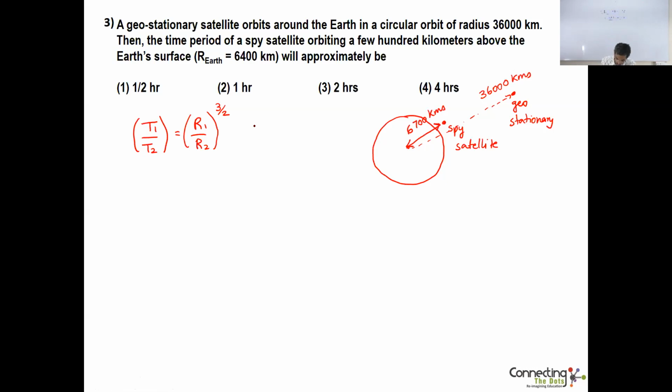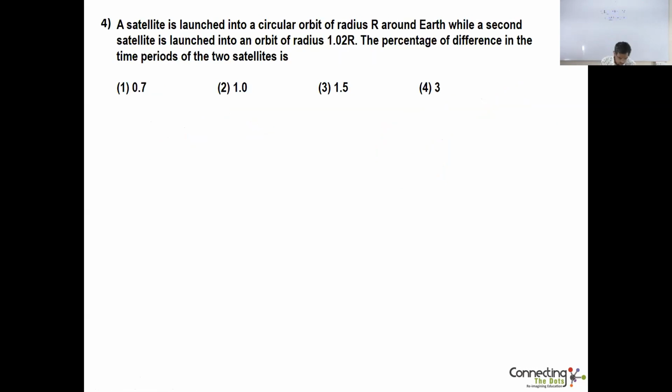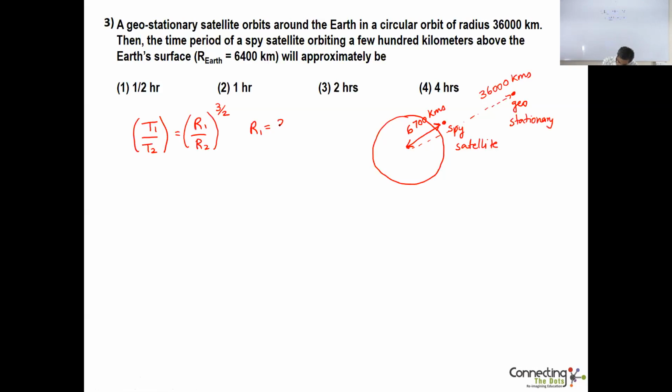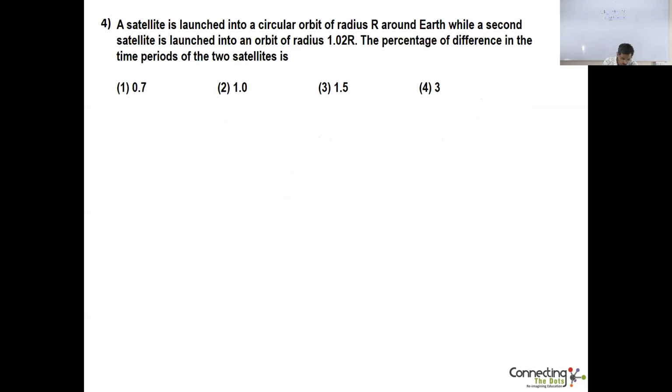Remember, R1 is 36,000 kilometers. This is the geostationary satellite, and R2 is 6,700 kilometers. What about T1? It is 24 hours because it takes 1 day to go around one complete revolution around Earth. So what we are finding out is T2.